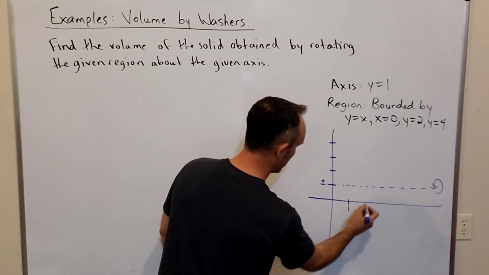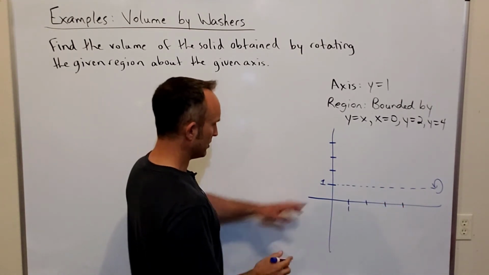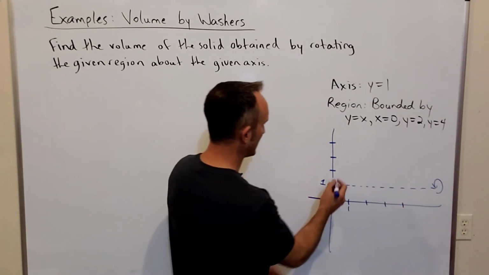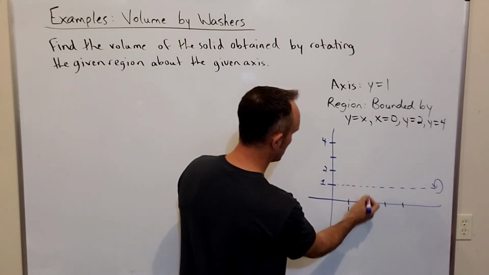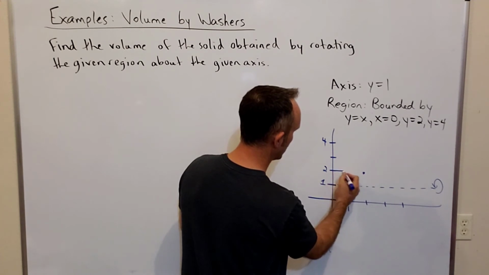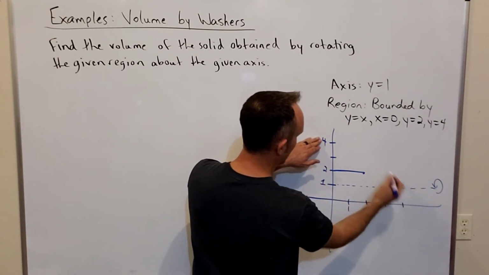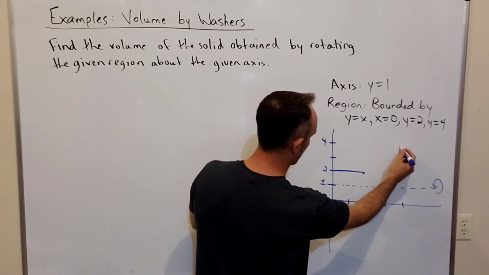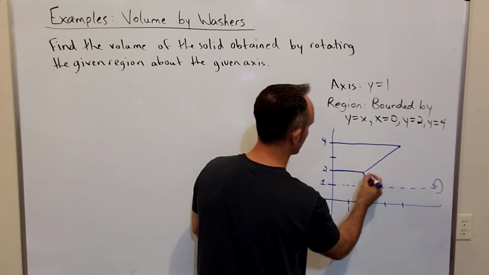So 1, 2, 3, 4. And so y equals x, so here's 2 and 4. Y equals x is going to hit the y equals 2 line at (2, 2). So there's the bottom of our trapezoid. And it's going to hit the y equals 4 line at (4, 4), which is maybe up here. And so there's the top of our trapezoid, and then here's the side.